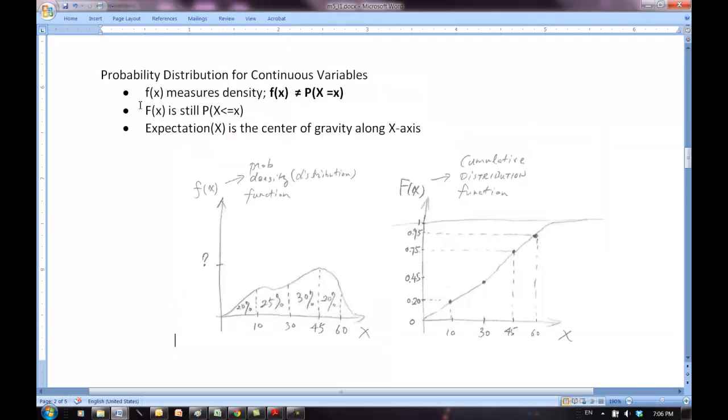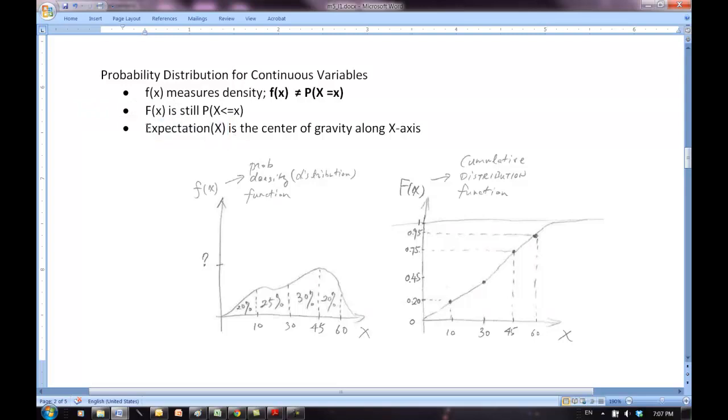Finally, with the density function defined for a continuous variable, we can also define the expectation for a continuous variable. But unlike the discrete case, where we use a sum product to calculate it, the continuous case requires calculus, and therefore we are not going to cover it in this course.